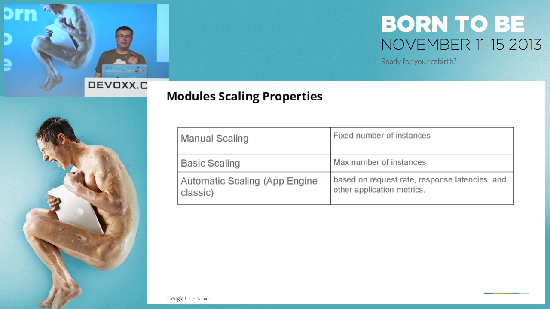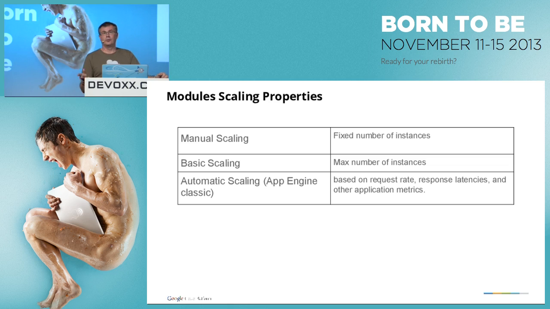As I said, now you can define scaling properties on your modules. You could say automatic scaling, and this is the AppEngine classic model: AppEngine takes care of the loading, up and down. Or you could say, let me boot 10 backends because I know I will need 10 backends. At deployment time or update time, we boot 10 of them, and they are up and running forever.